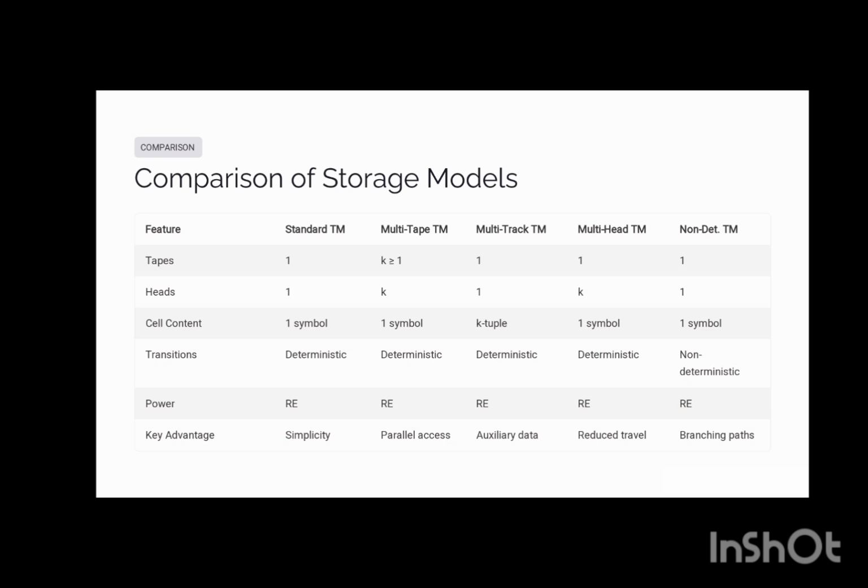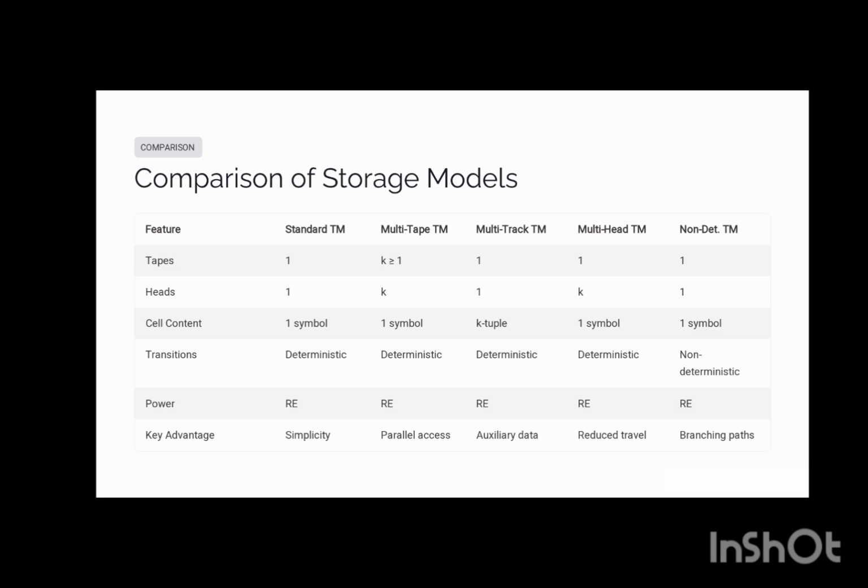The multi-track Turing machine stores structured data in a single tape cell. The multi-head Turing machine reduces head movement overhead on a single tape. The non-deterministic Turing machine enables branching computations, forming the theoretical basis for NP-completeness.